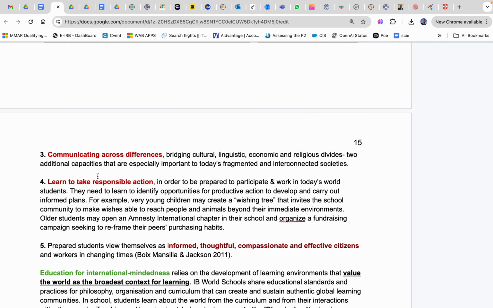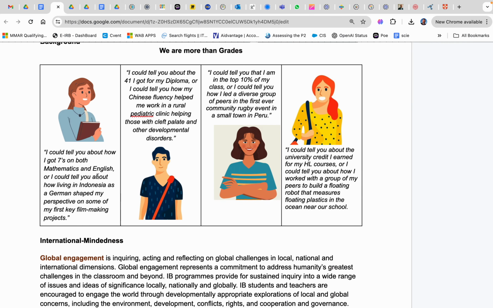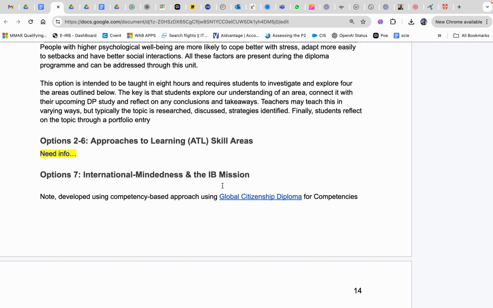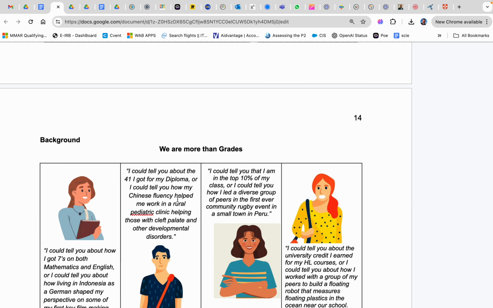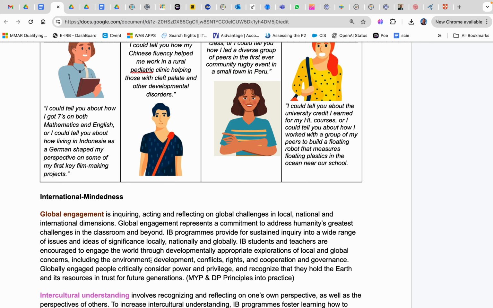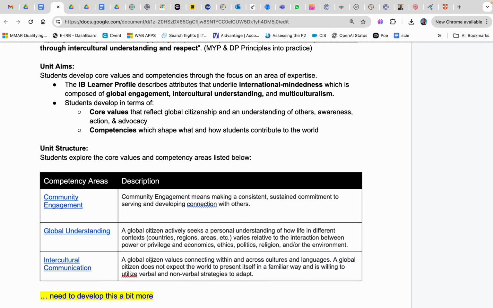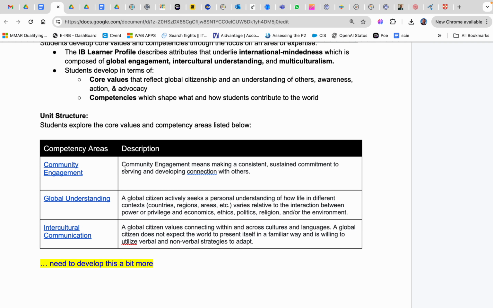I think it was well developed for the unit on international mindedness, and this is coming from, or at least really great examples from, the Global Citizenship Diploma. They have very clear rubrics and clear guidance to help a student or a teacher, both actually, to understand that competency area and the look-fors that would help students progress.